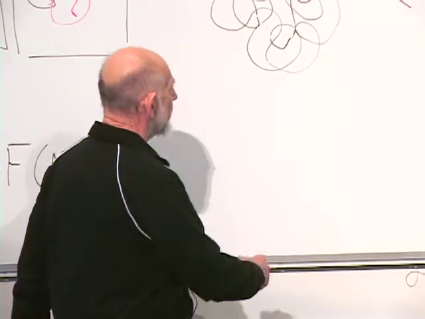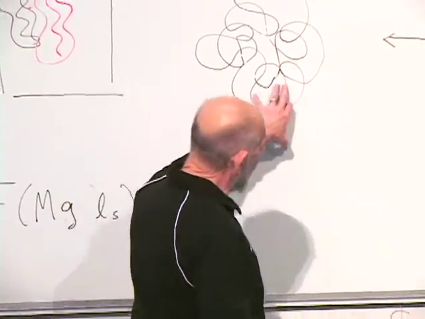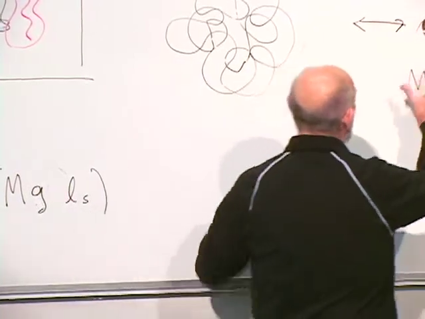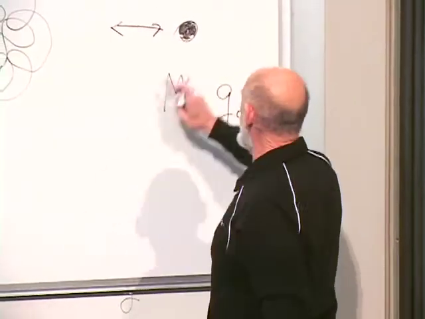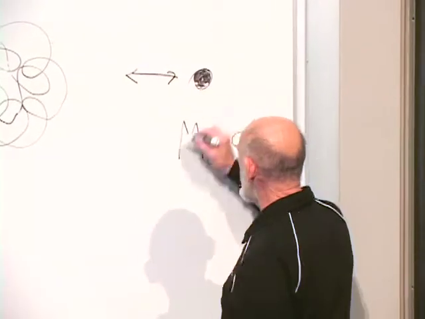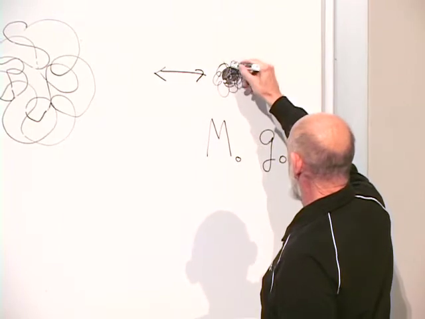Here's the idea. As you start decreasing the coupling constant, the compactified string that's rammed onto this small black hole starts to expand.